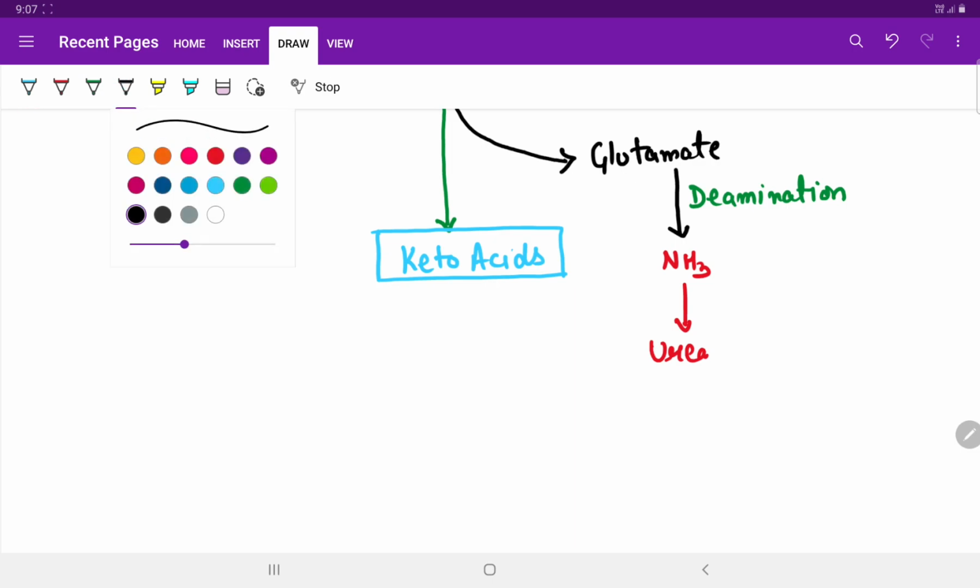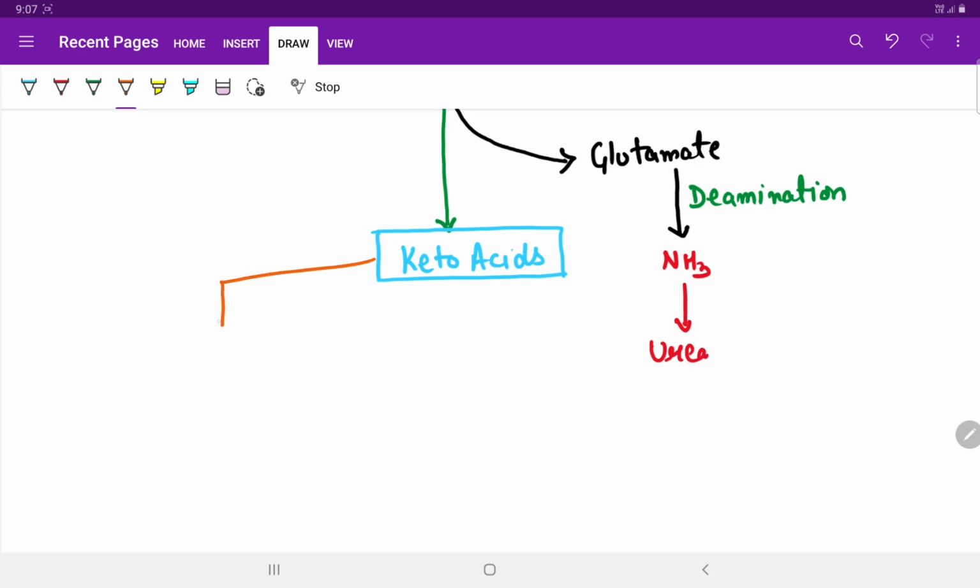Now what can they be? First, they can be utilized to liberate energy. Also they are involved in synthesis of glucose molecules.